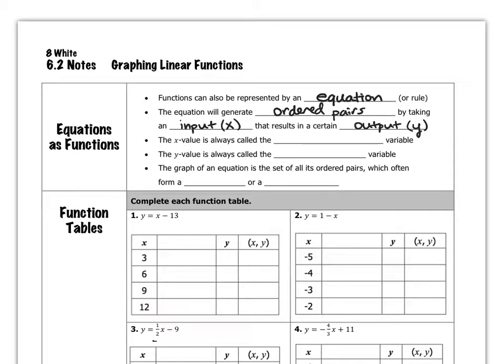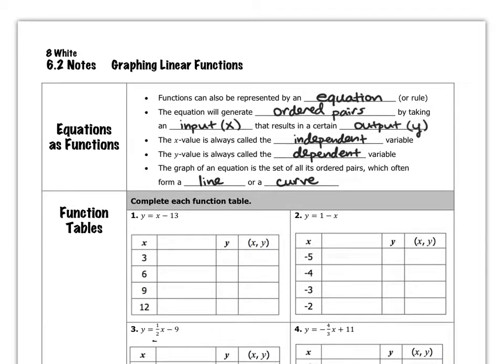The x value is what we call the independent variable, and the y value is what we call the dependent variable. So when we're talking about functions, y always depends on x. The graph of an equation is the set of all of its ordered pairs, and oftentimes you'll get either a line or a curve when you're graphing equations.